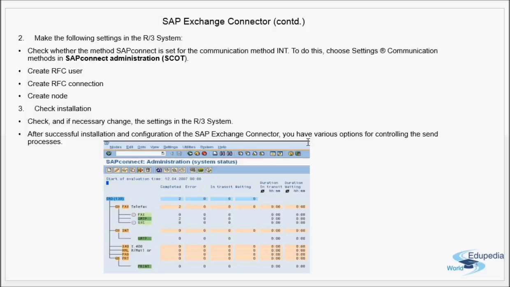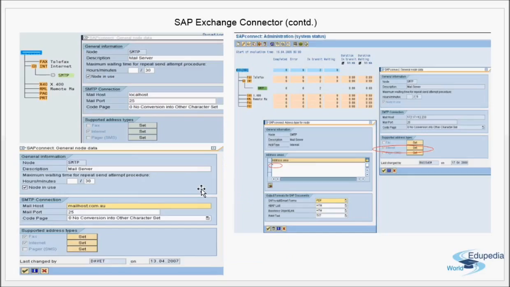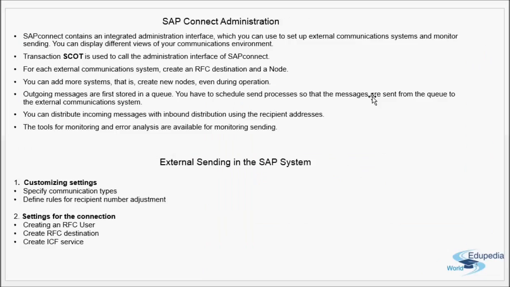We have seen what configurations are needed, like the different nodes created in the SCOT transaction for each communication type. And we have seen what details are to be given for each node. Then we have seen some important points in the SCOT transaction.